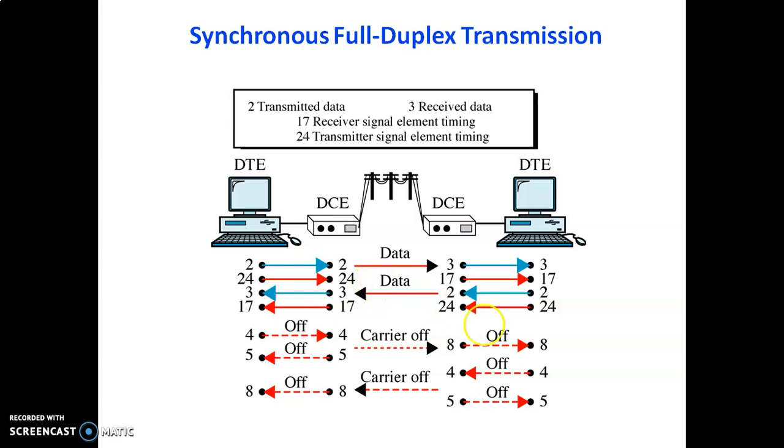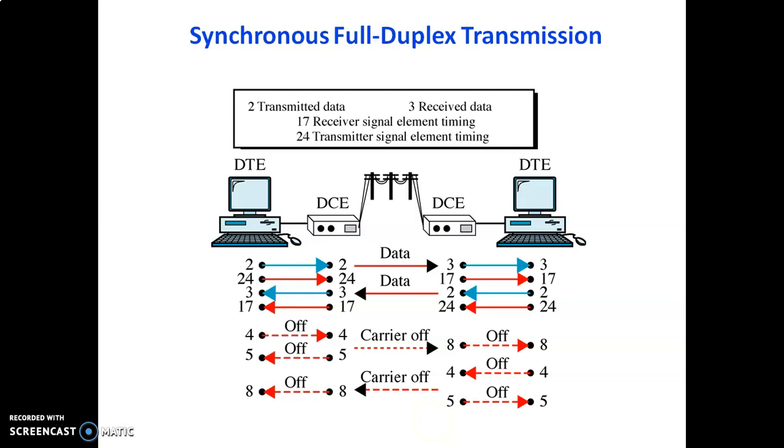The responding modem retrieves the signal, converts it back into digital data and passes the data along to its computer via circuit 3, accompanied by the timing pulse on circuit 17. Likewise, the responding computer follows the same procedure in sending data to the initiating computer.